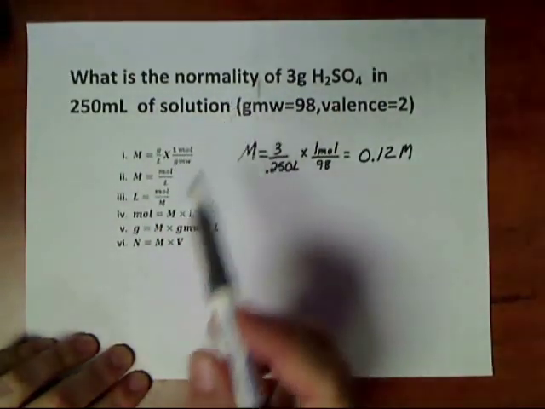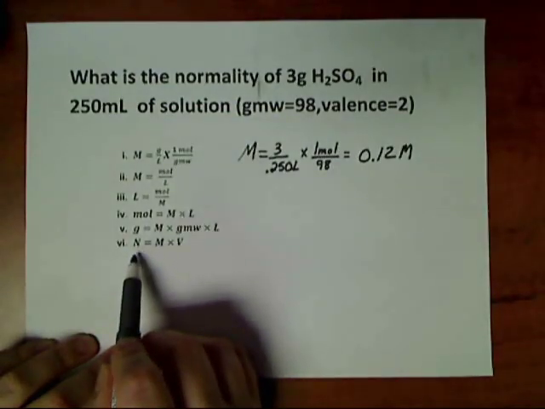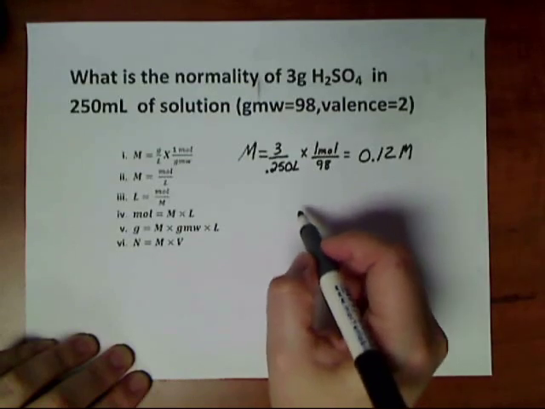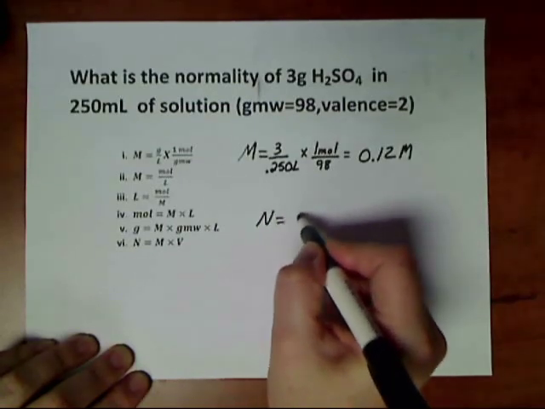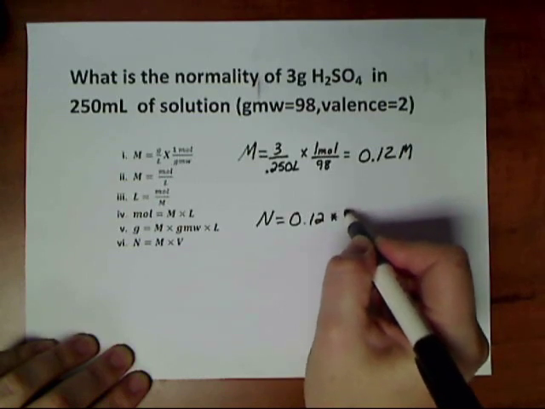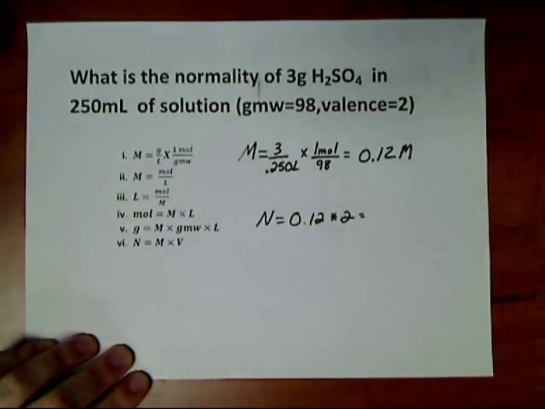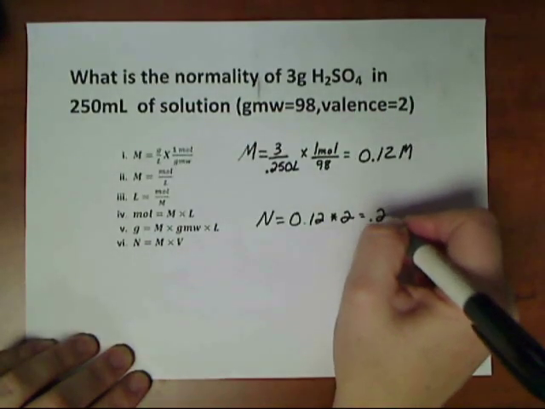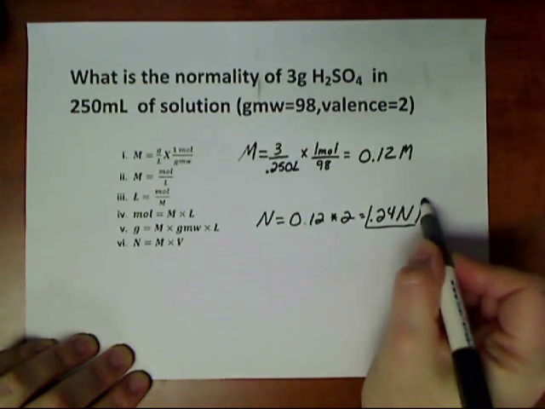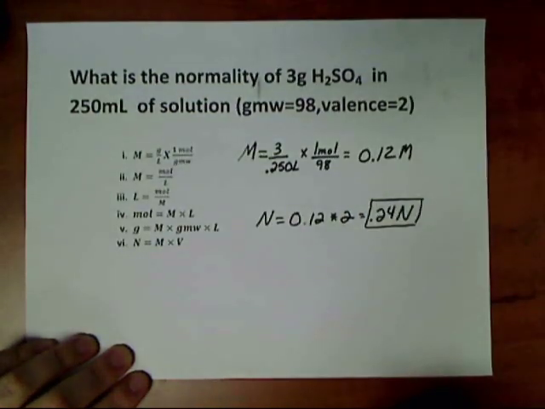In order to figure out the normality, normality equals the molarity times the valence. So in this case, normality equals 0.12 times 2, which is 0.24 normal. So the answer is 0.24 normal.